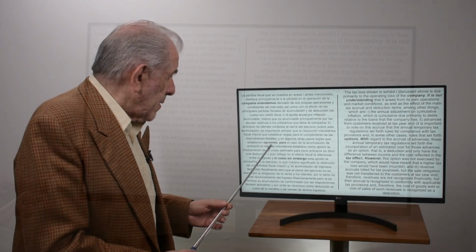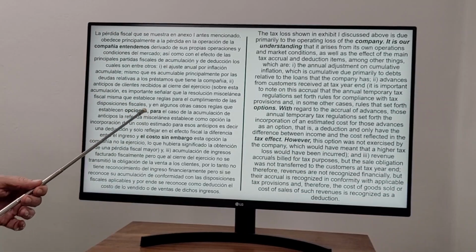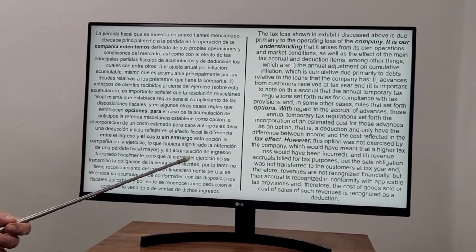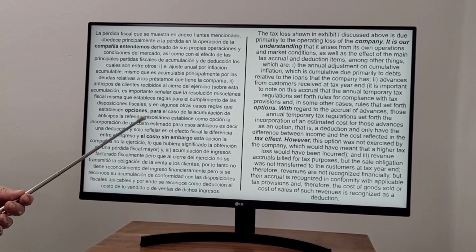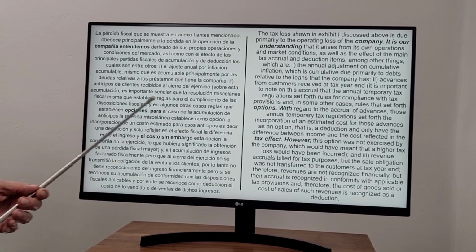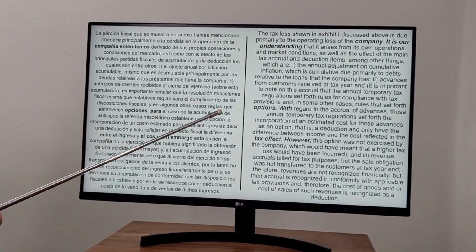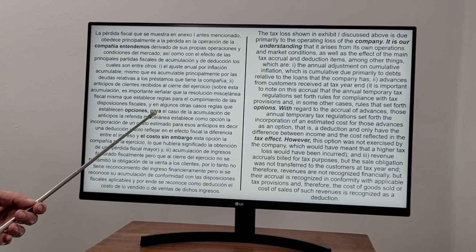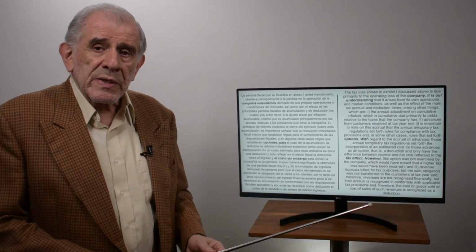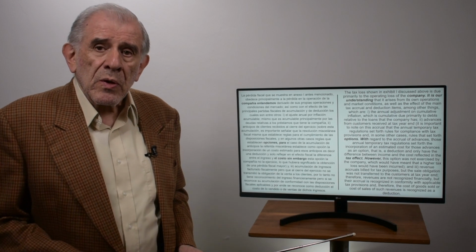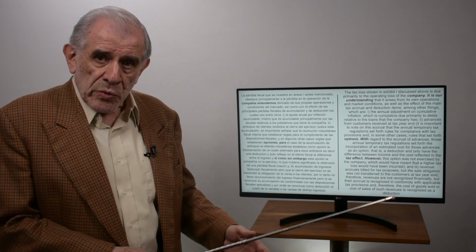Here, as you can see, we do have a comma between opciones and para. We continue here with our next sentence, which says, para el caso de la acumulación de los anticipos. We have para el caso de, with regard to. We can also translate this as in reference to, or simply as to.